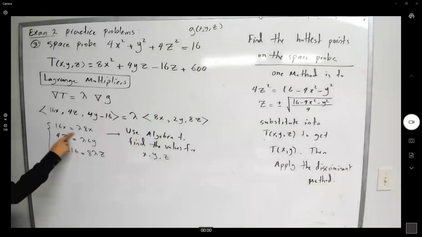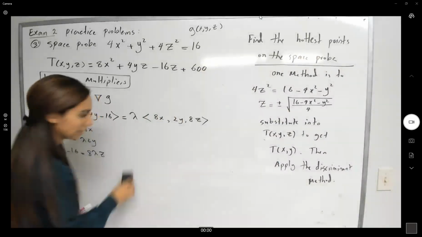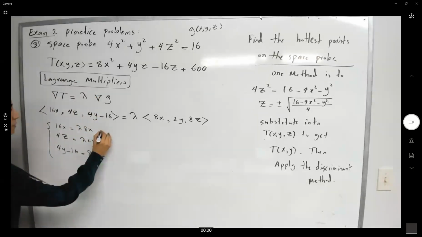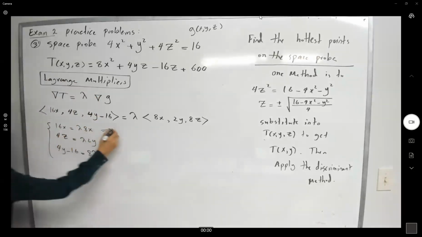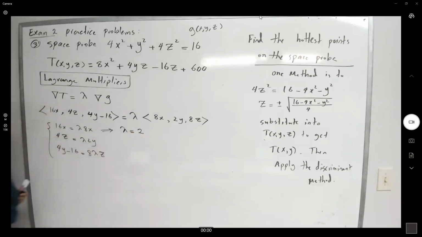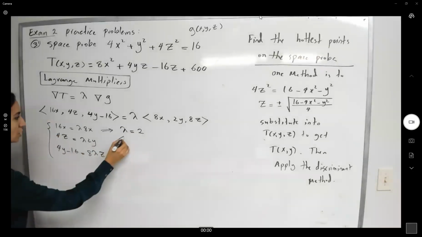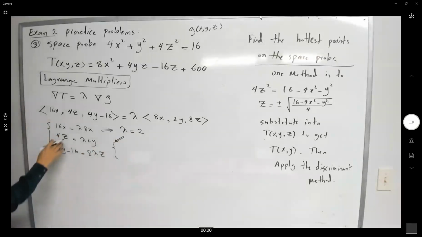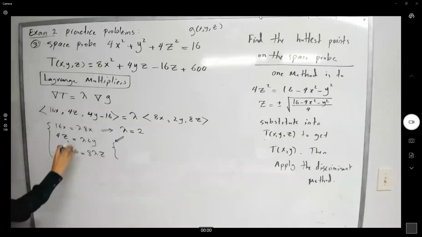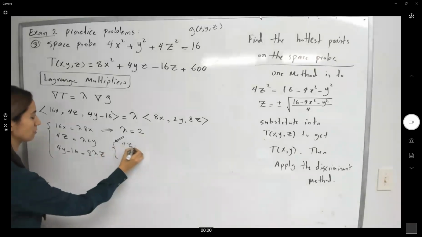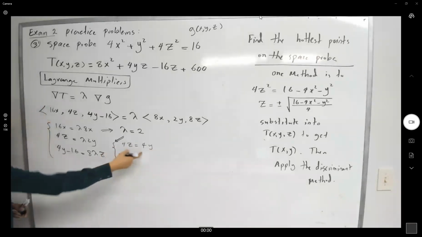So if you solve for your lambda in the first equation, just a general idea here, your lambda is going to be 2. Well, if lambda is 2, then what else do we have? We can use these two equations. Since these two equations have two variables, we can use intermediate algebra to solve this. We get 4z equals 4y, and z is equal to y.